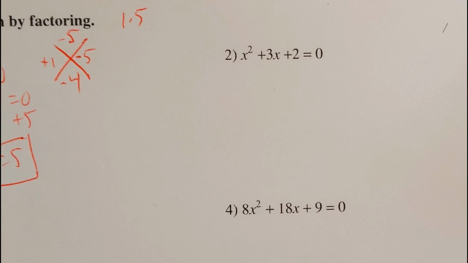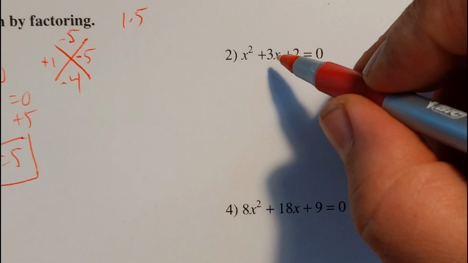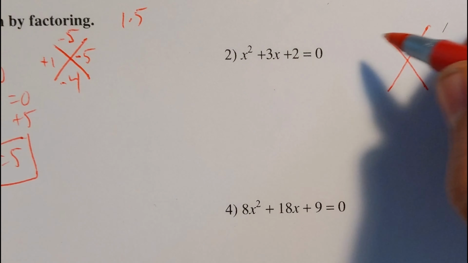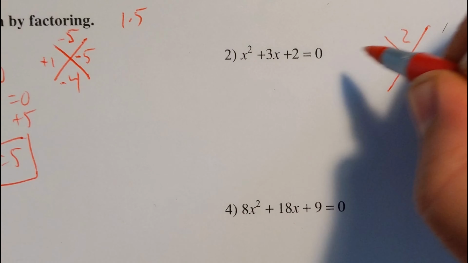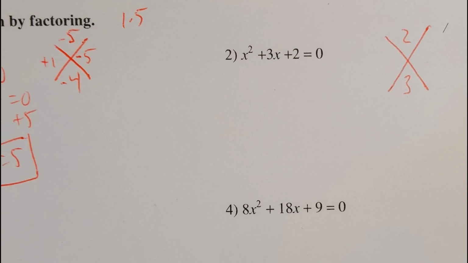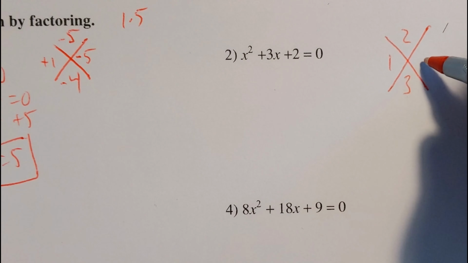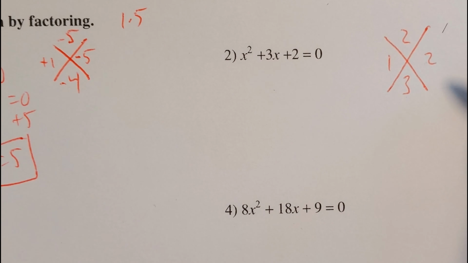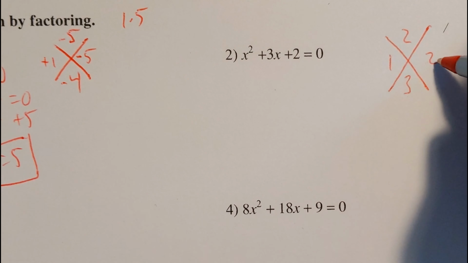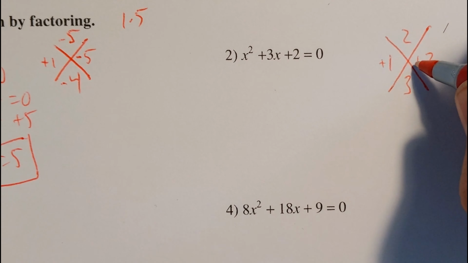On the next problem, same process. 1 times 2 is 2. The 3 goes right there. Factors of 2 that add up to make 3. The only ones you can use would be a positive 1 and a positive 2.